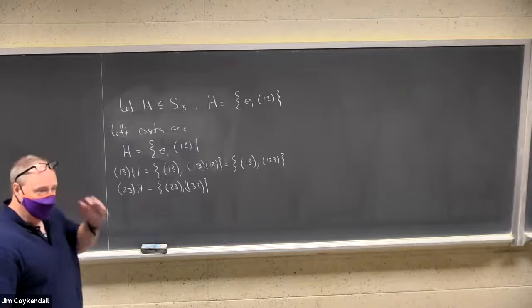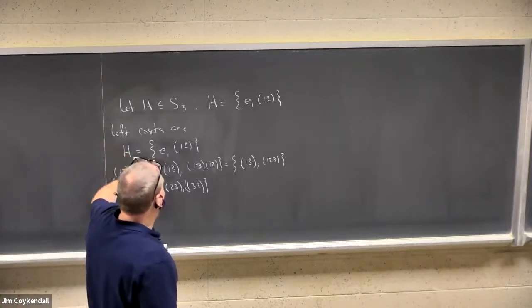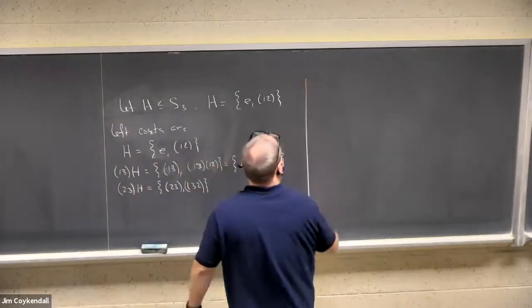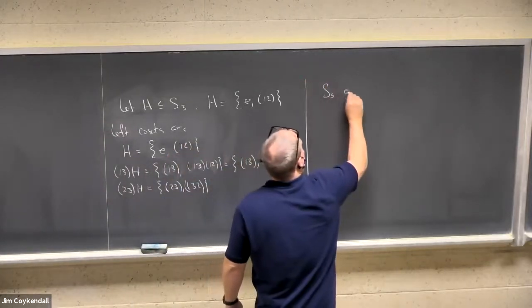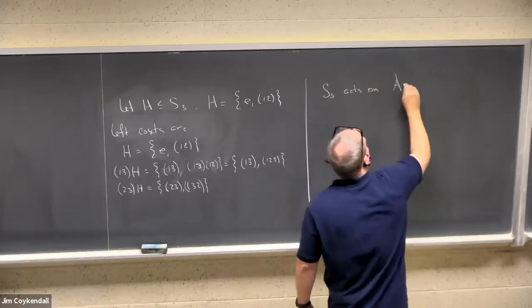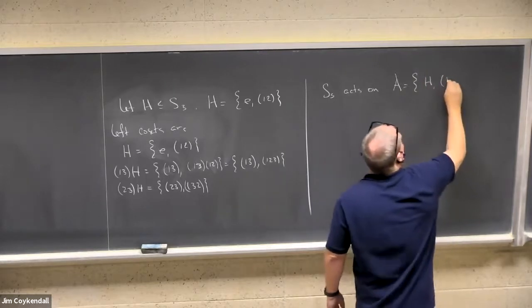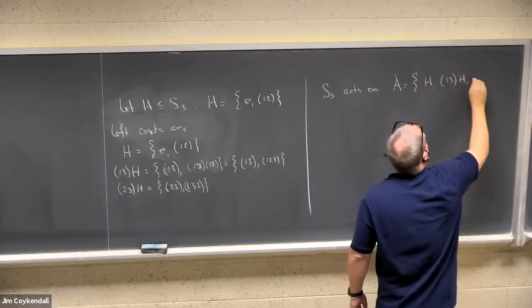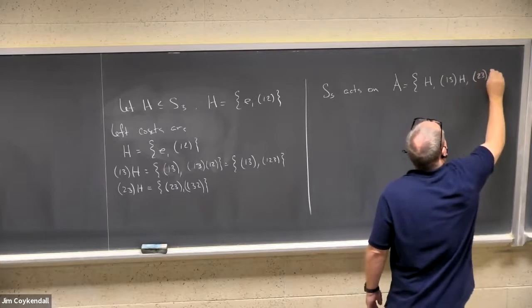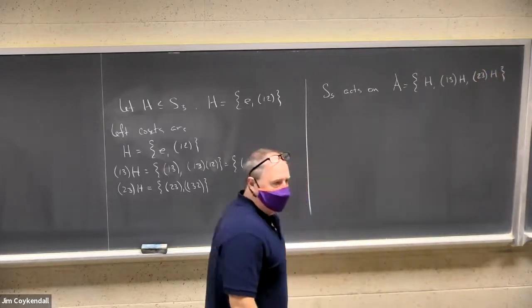Now, what the permutation representation is: notice that the left action, so S3 acts on the set H, 1 3 H, and 2 3 H. Left multiplication, right?